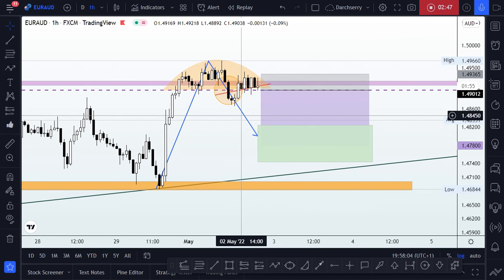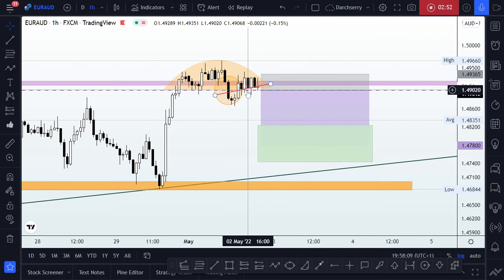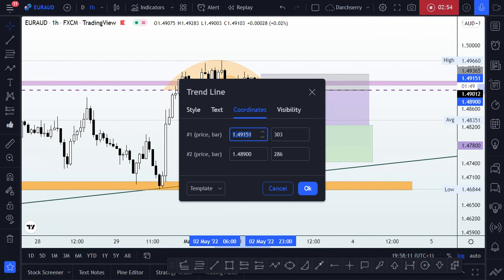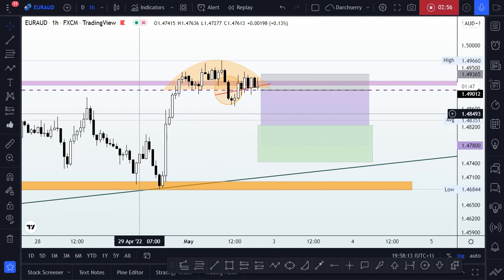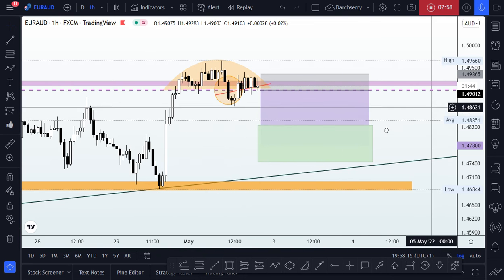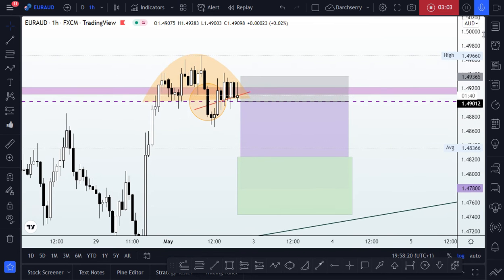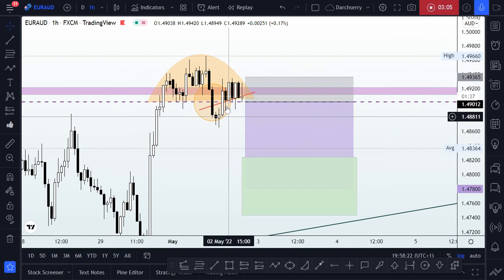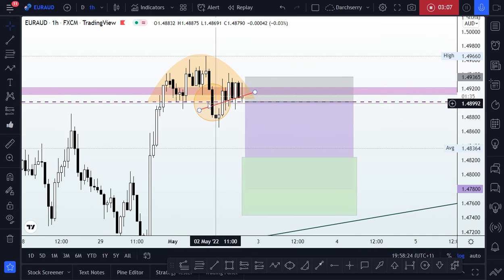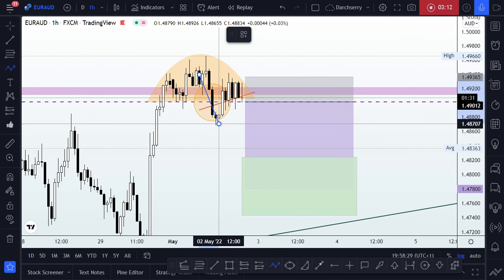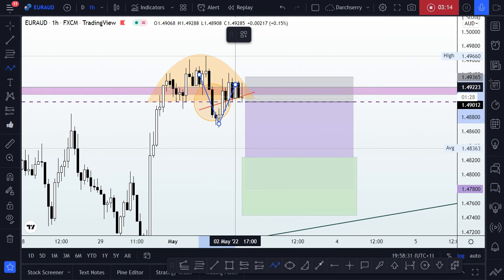So in this regard, I have placed the pending order right at 1.49150, where I'm expecting price to strike through that level, since we've already had a breakdown of that structure earlier today, and price came back into that level, giving us multiple rejections that look more like a reversal structure.